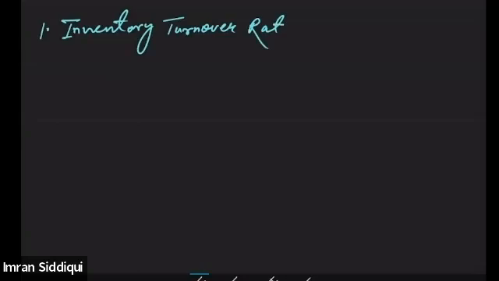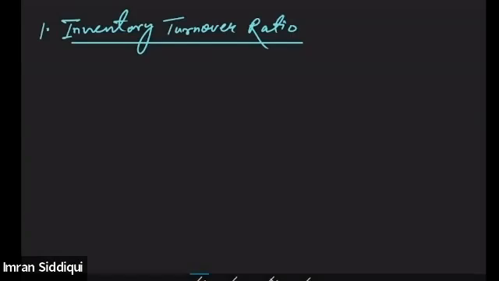Those of you who were not there in the previous class and don't have the formula, let me write the formula for the inventory turnover ratio. This is the first ratio under the activity ratio. Inventory turnover ratio is also called stock turnover ratio.